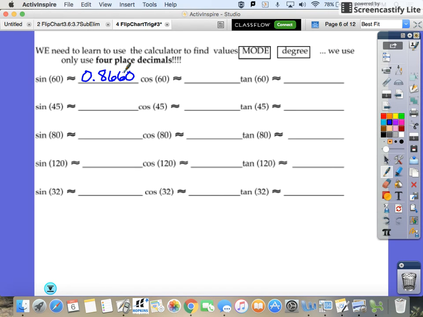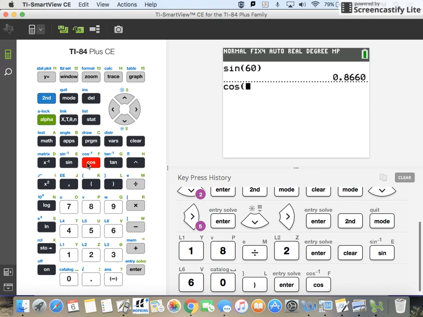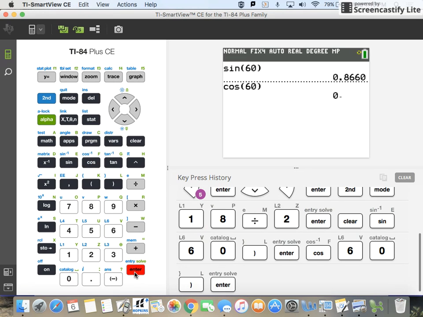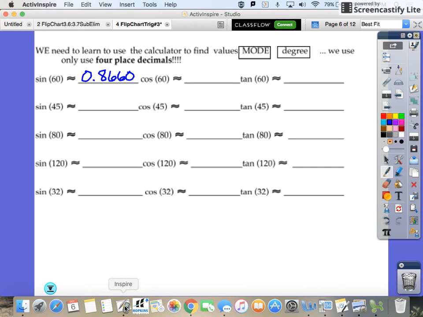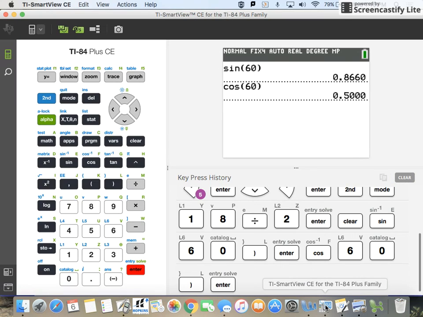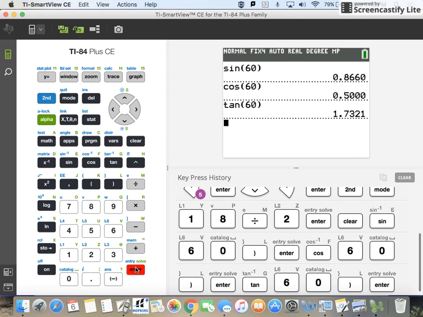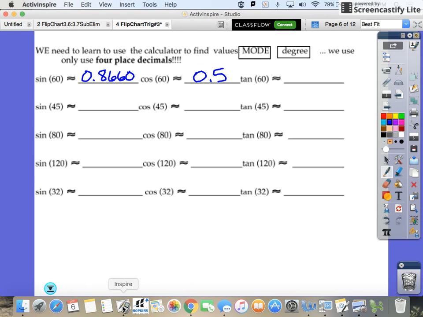The cosine of 60 is a different value. The cosine of 60 is 0.5. And then the tangent of 60 is 1.7321.